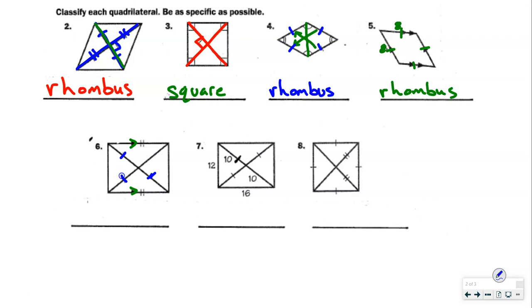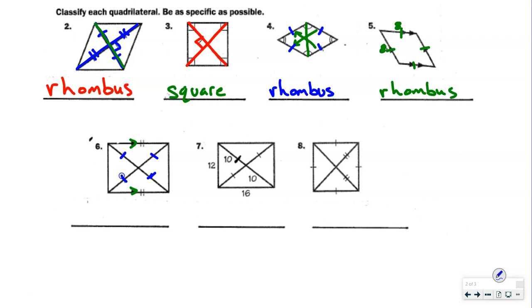It was bisected, it was split in half. And that tells me that the one at the top right is also congruent to the one on the bottom left. And they all end up being the same. So our diagonals are all congruent.